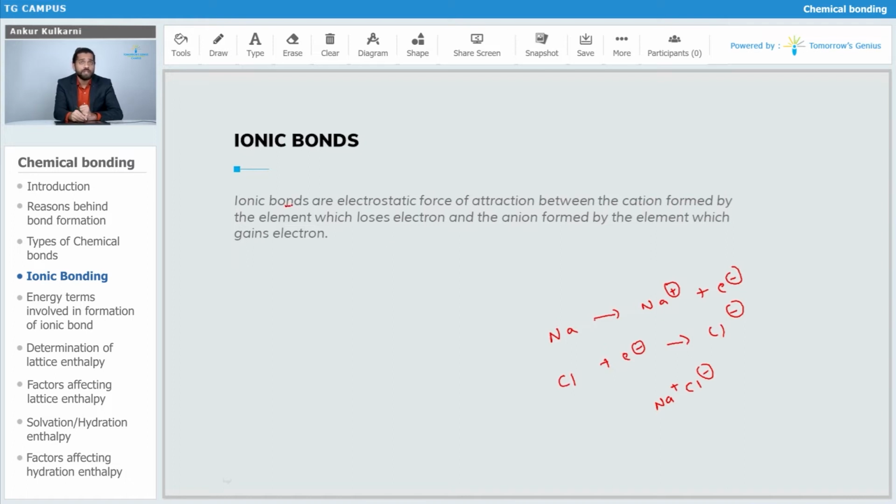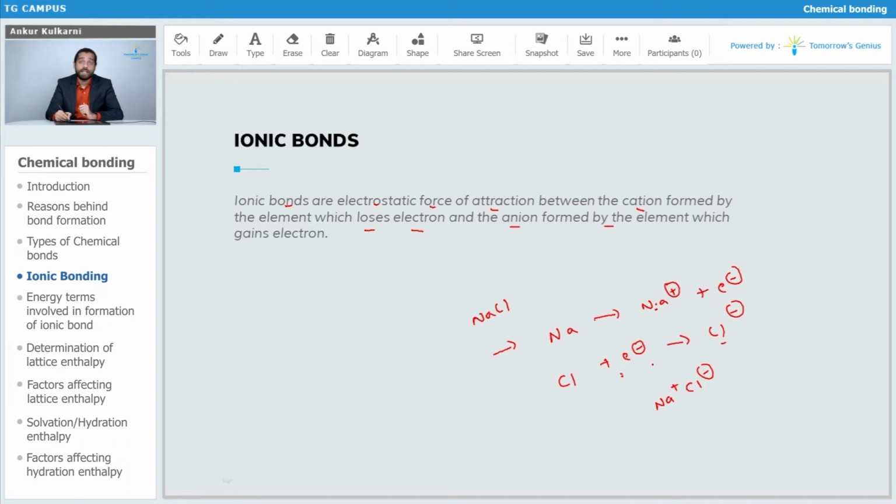Ionic bonds are the electrostatic force of attraction between the cation formed by the element which loses an electron and the anion formed by the element which gains an electron. We have just seen the example of sodium chloride. When sodium loses one electron, what do we get? Na+. Similarly, when chlorine accepts one electron, we get a chloride ion.